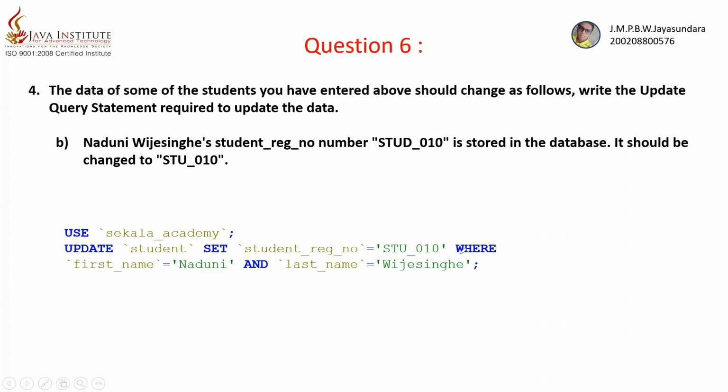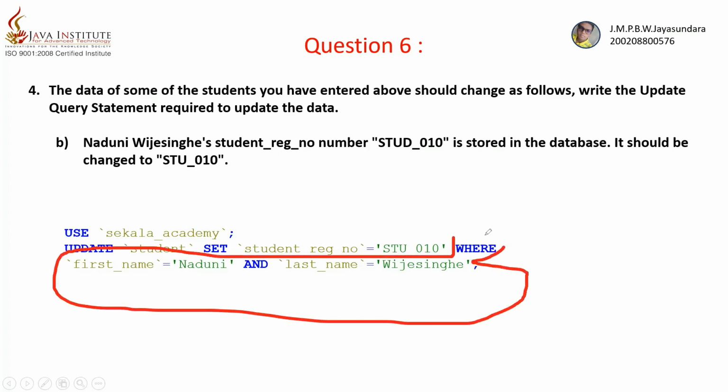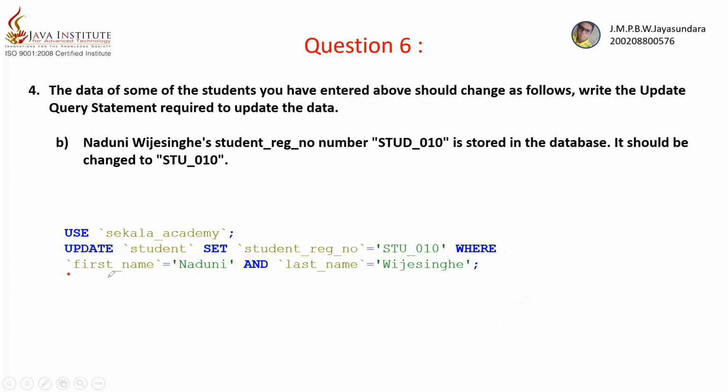In order to do that, here we have given a condition using the where keyword, and we have said first name column value should be equal to Naduni, and last name column value should be equal to Vijay Singh. So only if both conditions are true, then this code will be executed.